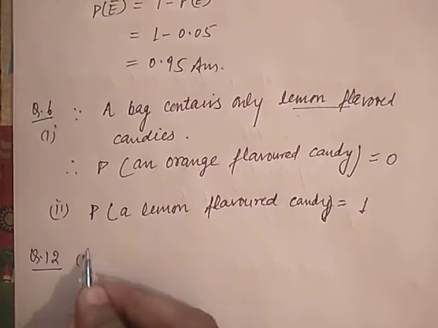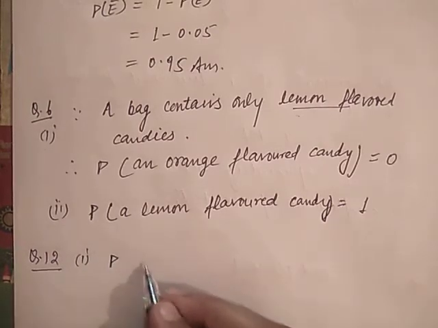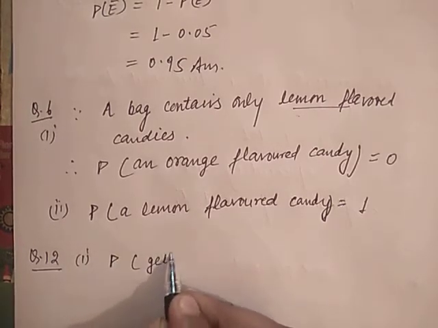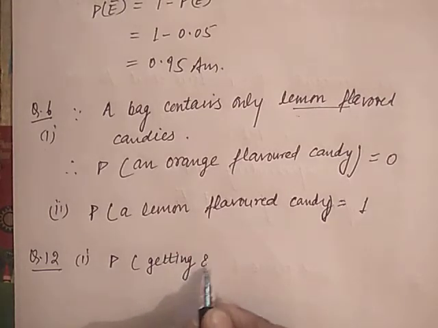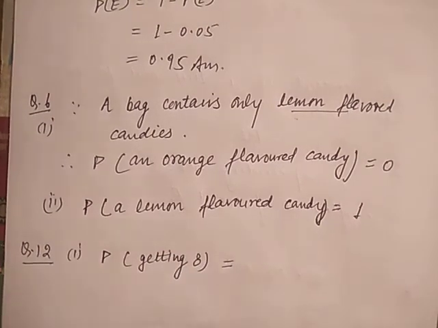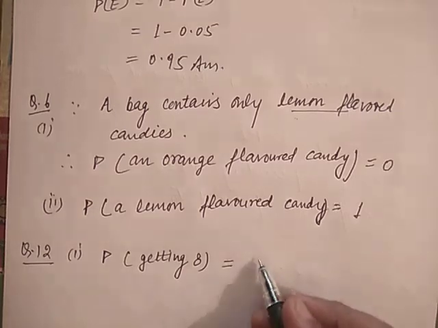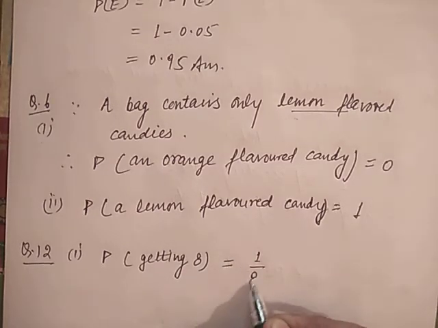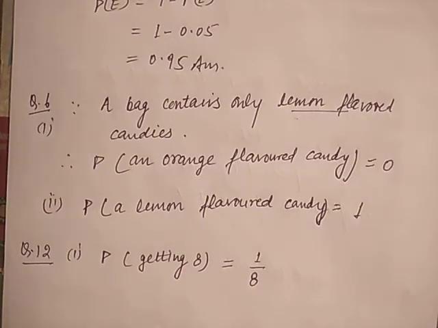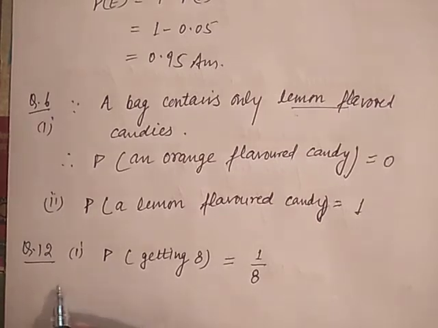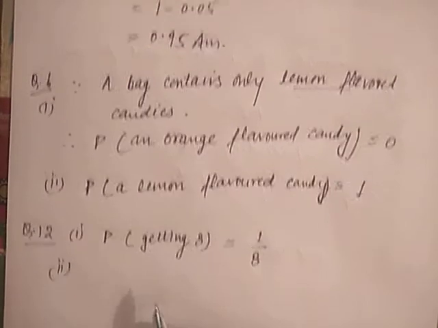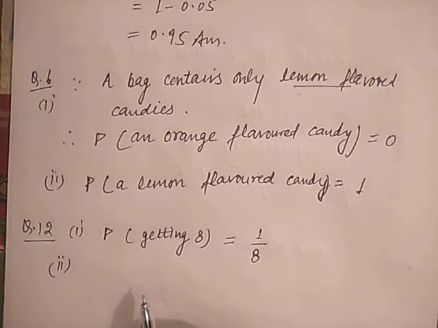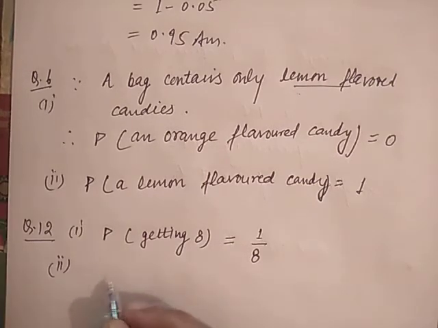First part, probability of getting 8. So here is only one 8, and total outcomes are 8, so 1 upon 8. Okay, because there is only one 8 and the total number of possible outcomes is 8, right? Second part is here, probability of an odd number.